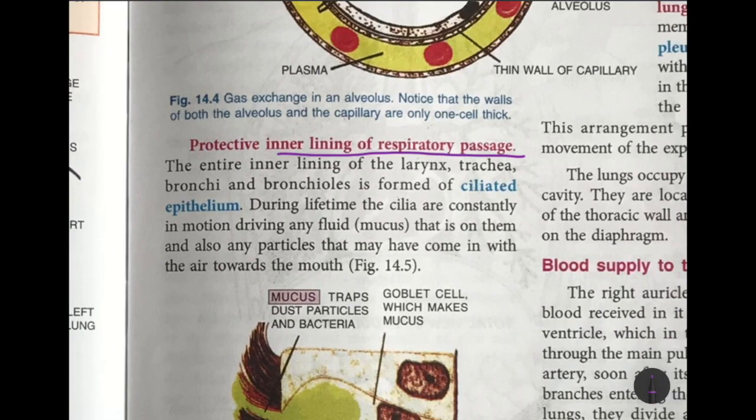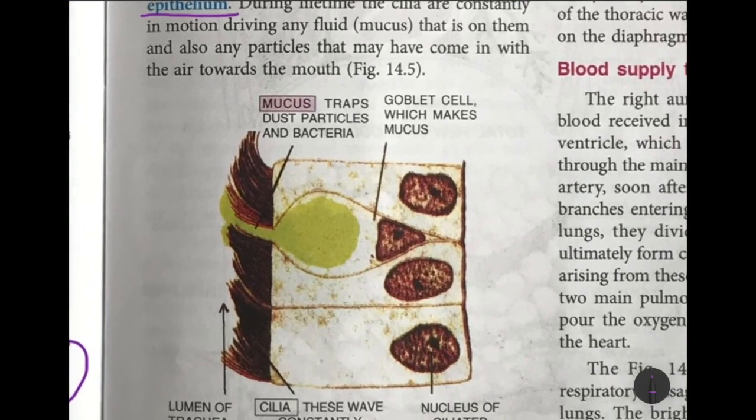The entire inner lining of the larynx, trachea, bronchi and bronchioles is formed of ciliated epithelium. If you remember, we did this in the tissue chapter. During the lifetime, the cilia are always in motion, so that any fluid or mucus on them, or any particles that may have come in with the air, is moved towards the mouth and removed.